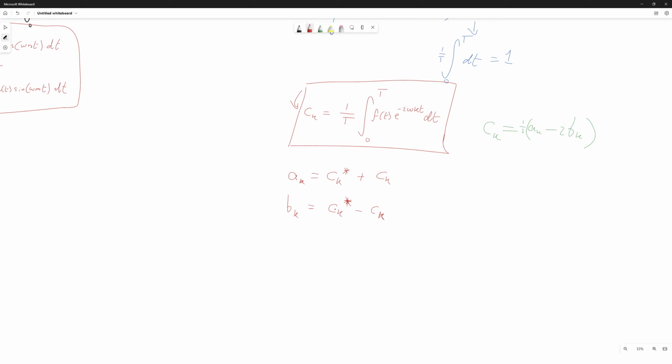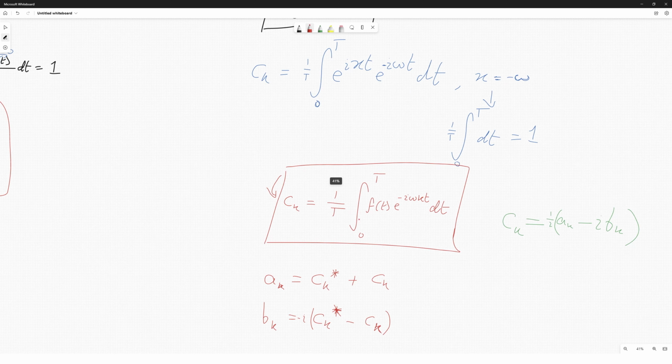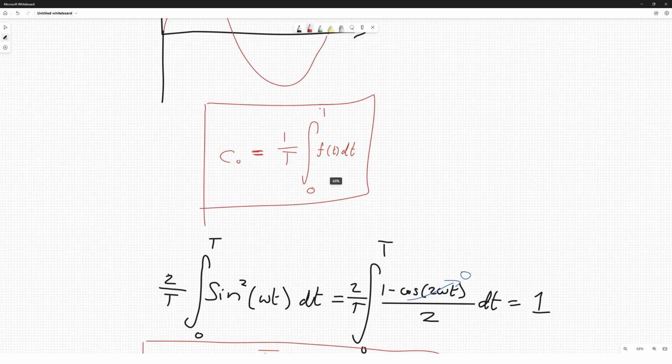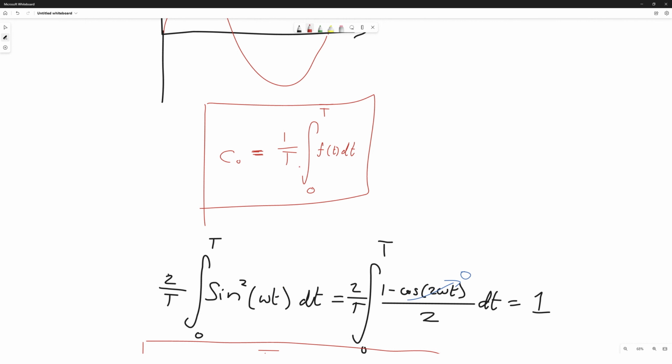However, now we're going to have i, so we have to divide by i, or rather, we multiply by minus i. And now, from that, we only have to carry out 2 integrals: this one and the very simple one of just integrating over a period.